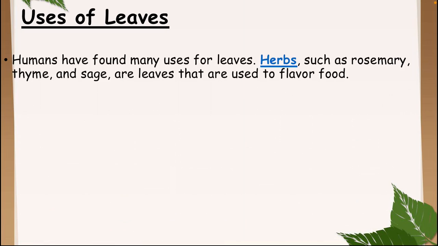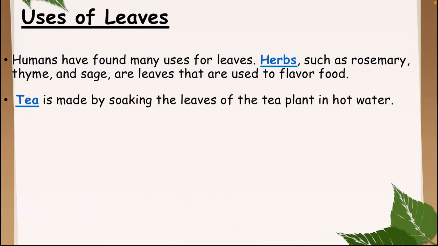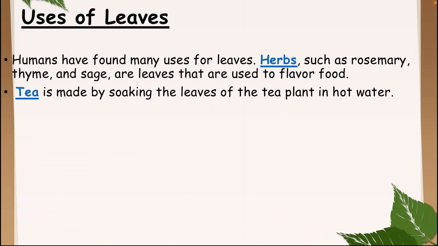Uses of leaves. Humans have found many uses of leaves. For example, herbs such as rosemary, thyme and sage are leaves that are used to flavor food. These give a very good flavor in the food. The second use of leaves is tea, which is made by soaking the leaves of the tea plant in hot water.